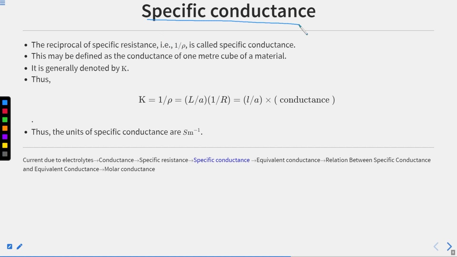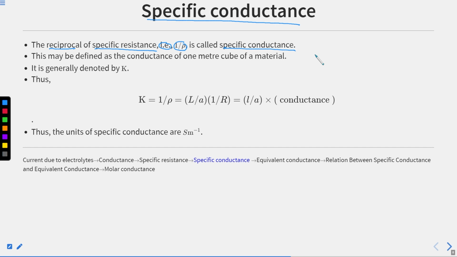The reciprocal of specific resistance, that is 1 by rho. So rho was the symbol of specific resistance. If we take the inverse of that rho, we'll get our specific conductance. So the reciprocal of resistance is conductance, and similarly the reciprocal of specific resistance would give you specific conductance.